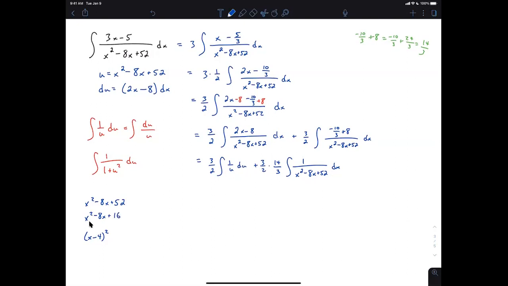And so we're going to add in the 16, but we're also going to subtract 16. Now those two lines are equal to each other, but the third line's not yet equal to the first two lines. Now 52 minus 16 happens to be 36. So this is equal to x minus 4 squared plus 36, because these three terms become x minus 4 squared. Does everybody follow what's going on there?